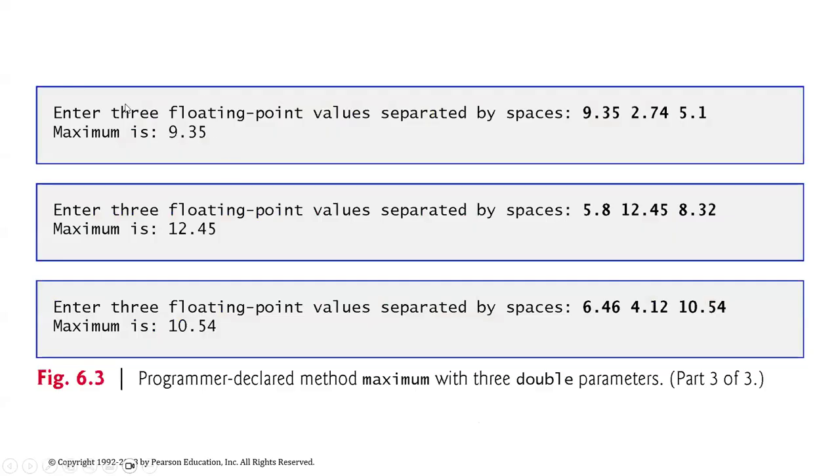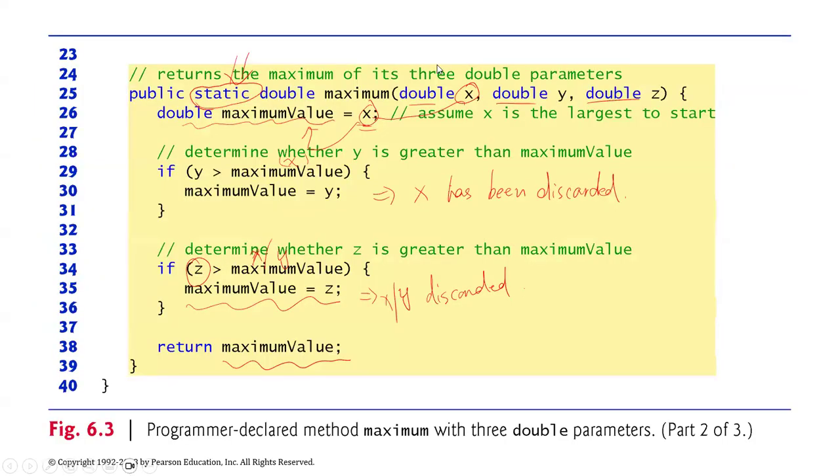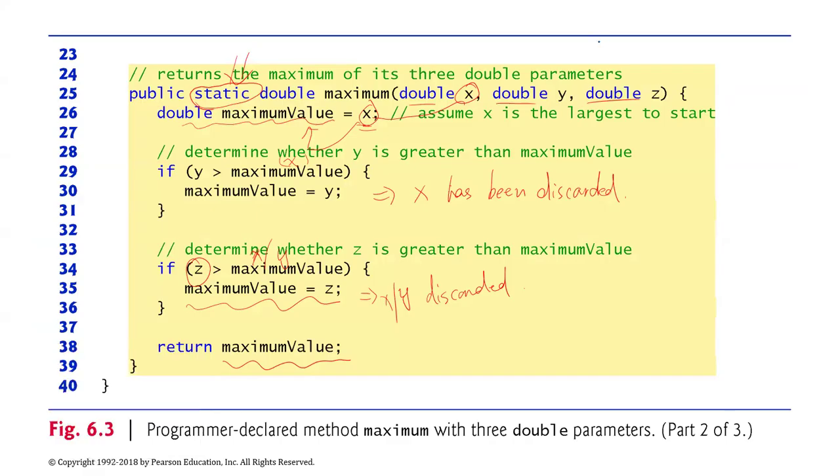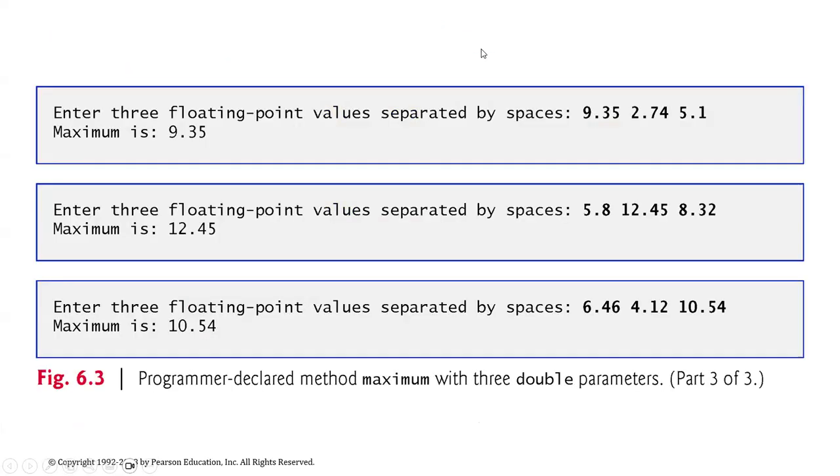Okay, here, let's have a look. Suppose we enter 3 parameters, 9.25, 2.74, 5.1. Okay, let's get back to the slides. Okay, here they said that, let me change the color. If x is 9.25, right?